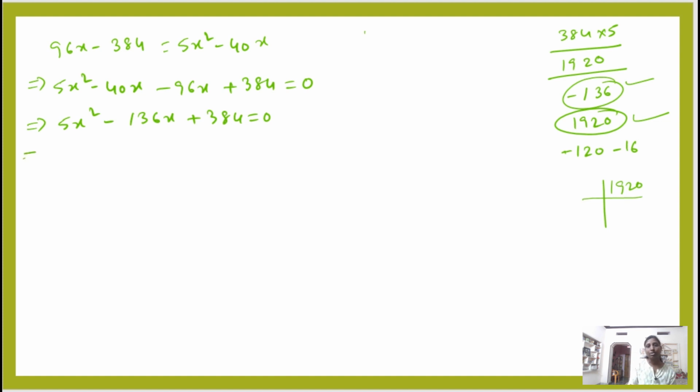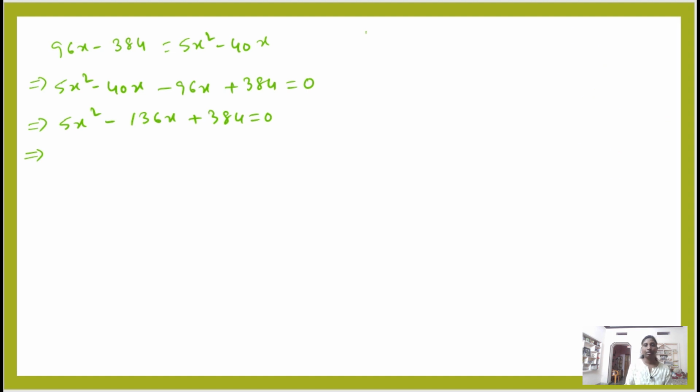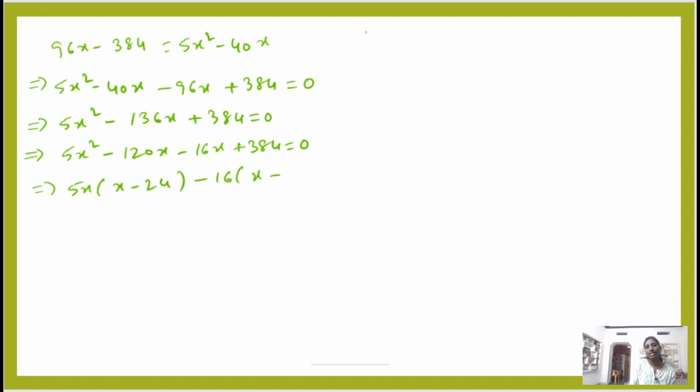Okay. So now let me erase all these. Now 5x square minus 120x minus 16x plus 384 is equal to 0. Now take common, 5x is common, so x minus 24, minus 16 is common, x minus 16 2s are 32, then 16 4s are 64.